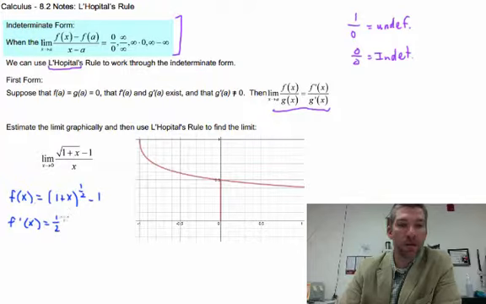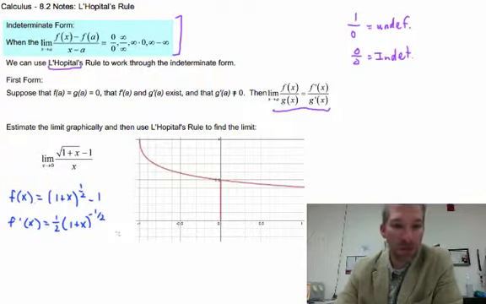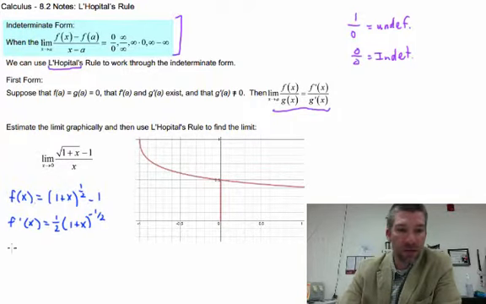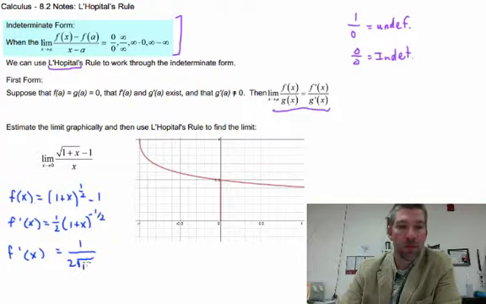is 1/2 times (1 plus x) to the negative 1/2. The derivative of 1 is 0. And I'm just going to clean this up a little bit by saying that f prime of x is equal to 1 over 2 square root of 1 plus x. Okay. G of x then would be the denominator.